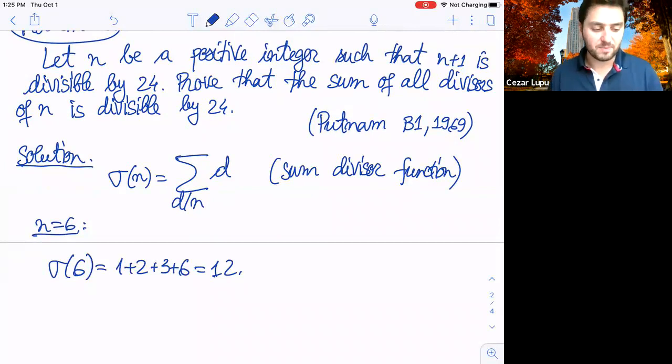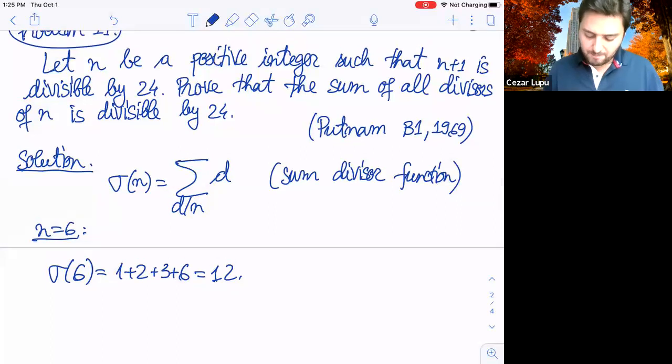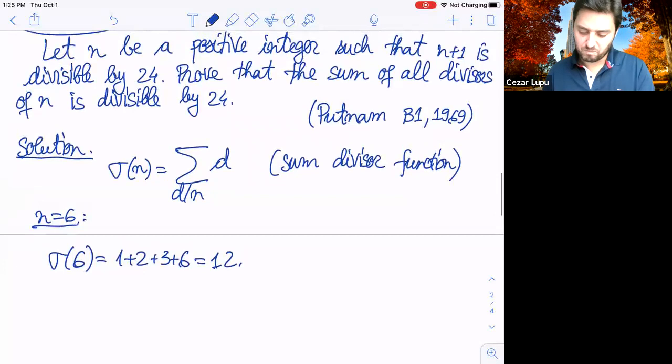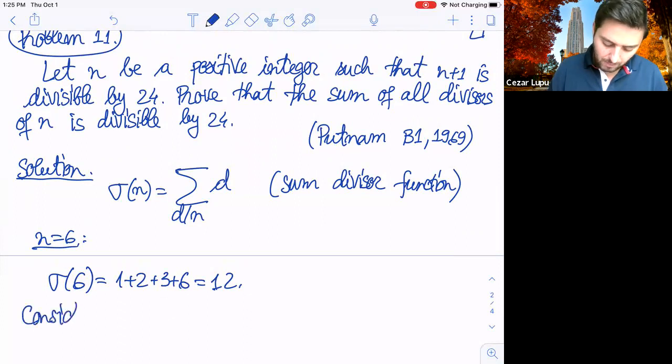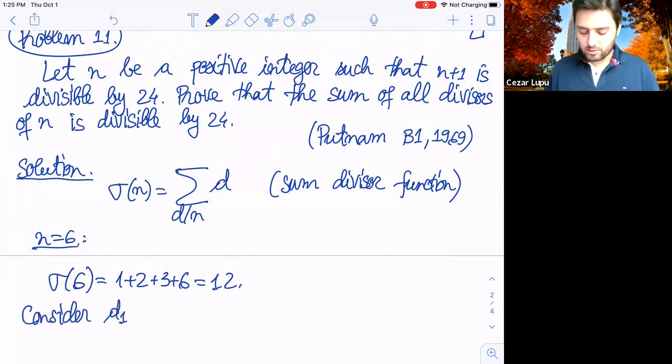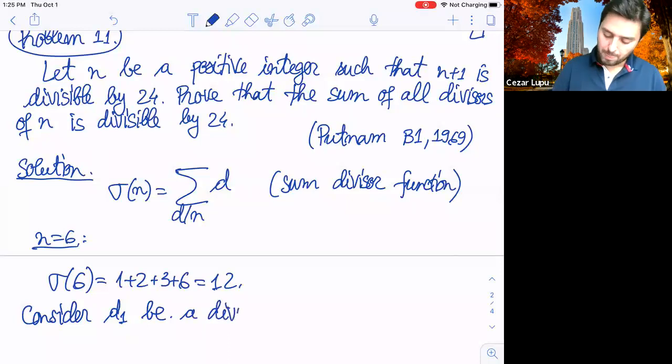So let's explore this step by step. Consider d1 to be a divisor of n.